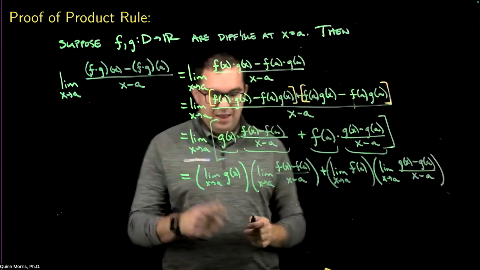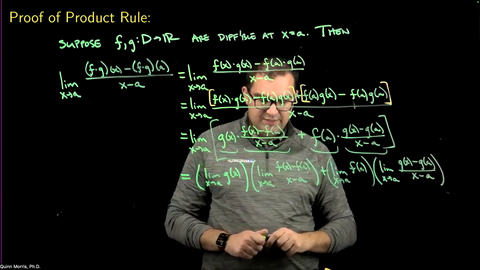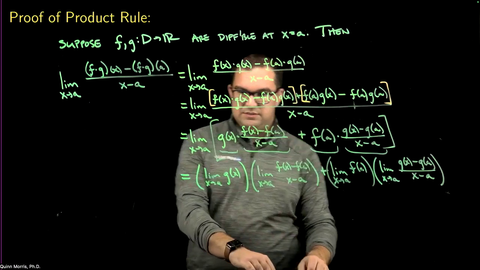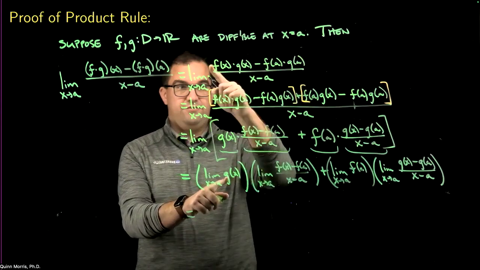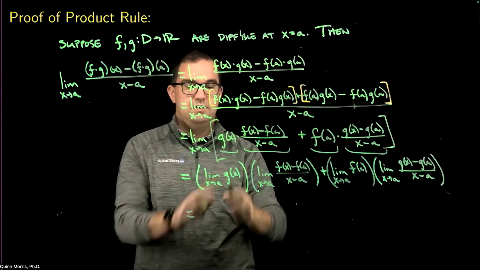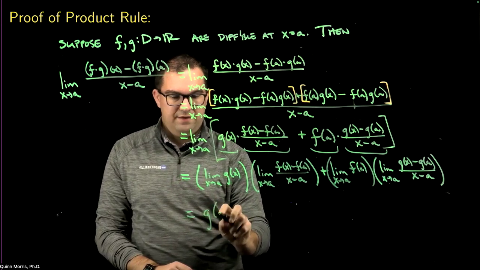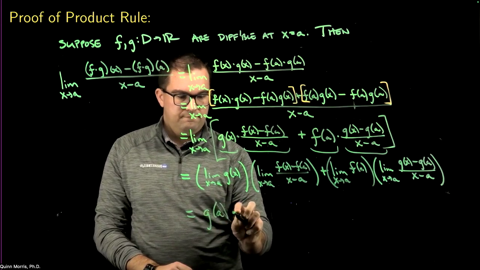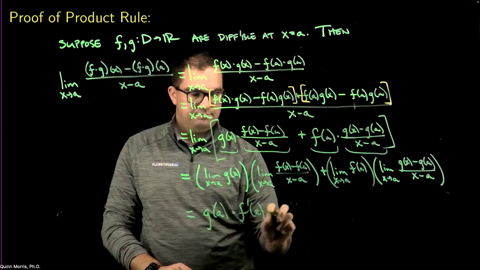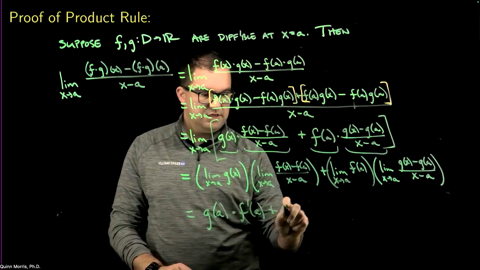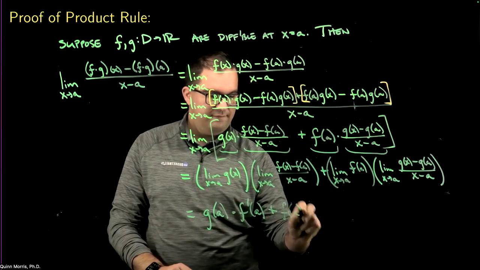Okay. And now, we've already gone through precisely what each of these pieces is, right? So this first piece, because g is differentiable, which implies it's continuous, is just g of a. This piece is just f prime of a. This piece is a constant, so it's just f of a.